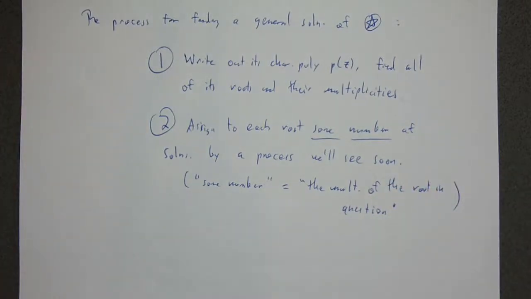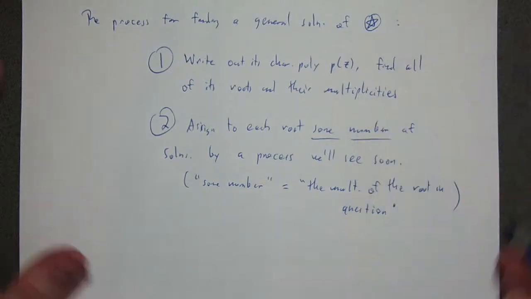So, for instance, to a simple root, to a root of multiplicity 1, I'm going to be assigning a single solution. To a root of multiplicity 2, I'm going to be assigning 2 solutions that are linearly independent. And for higher and higher multiplicity roots, I'm going to be assigning more and more solutions. So a root of multiplicity 5 will have 5 solutions associated with it. A root of multiplicity 1 will have 1 solution associated with it.